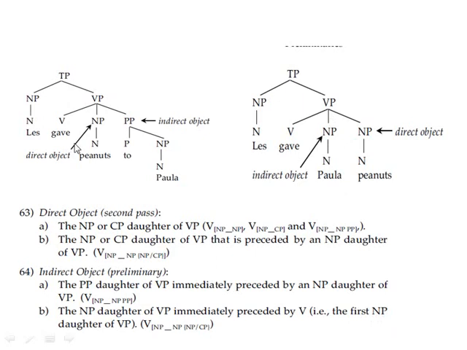Yeah. So if we look at these two examples, let's give peanuts to Paula. Let's give Paula peanuts. They have the same meaning. But for the first one, we have a prepositional phrase as indirect object. But the second one, we have noun phrase as indirect object.